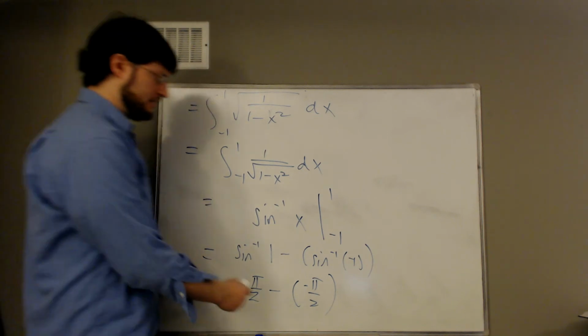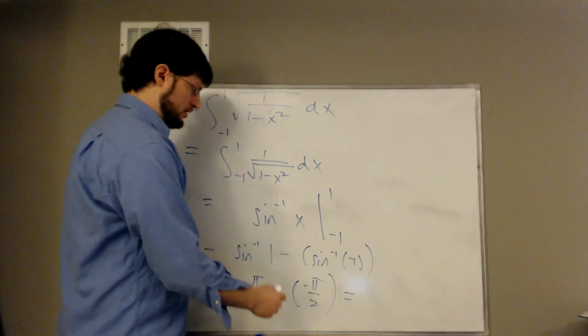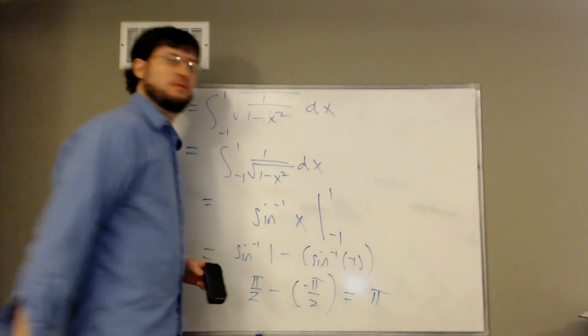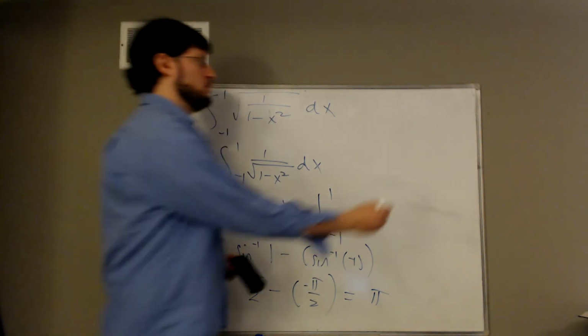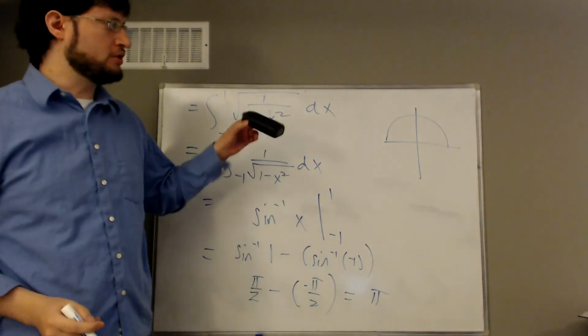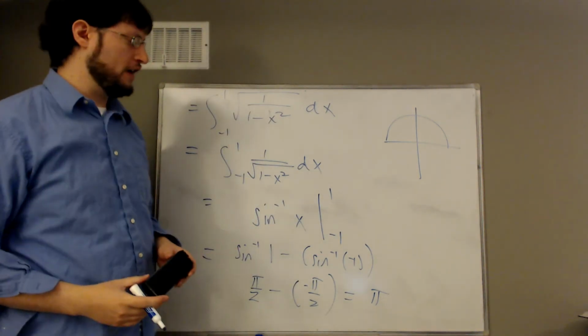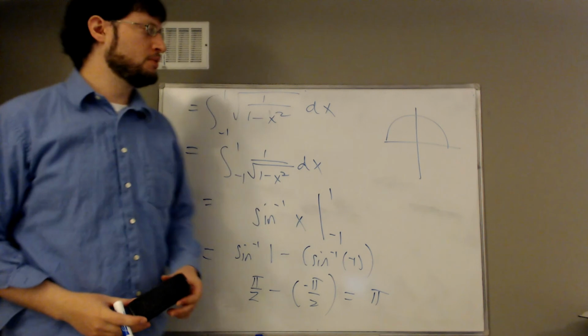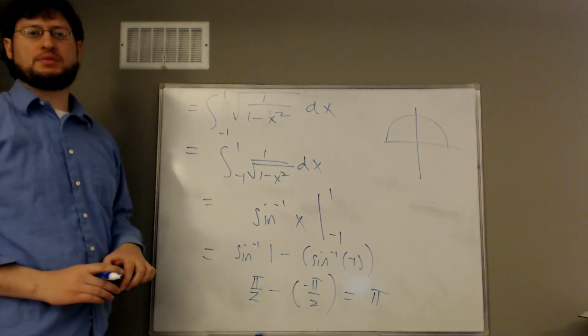When we add these things up, I get pi, which is great because we wanted the length of half of a circle, but the length of a whole circle is 2 pi. So the length of half the circle is pi, and our formula recovers what we wanted to recover.